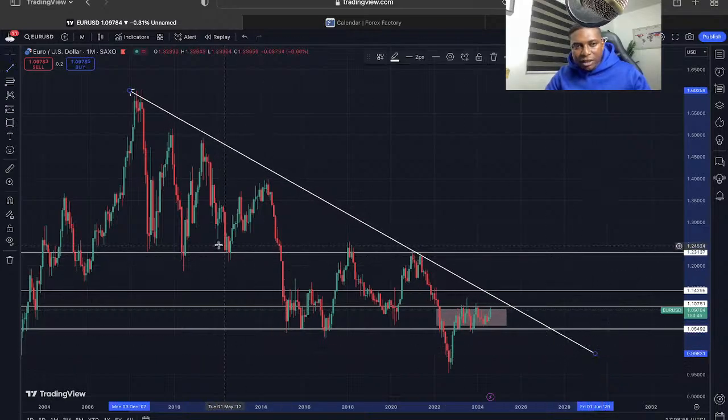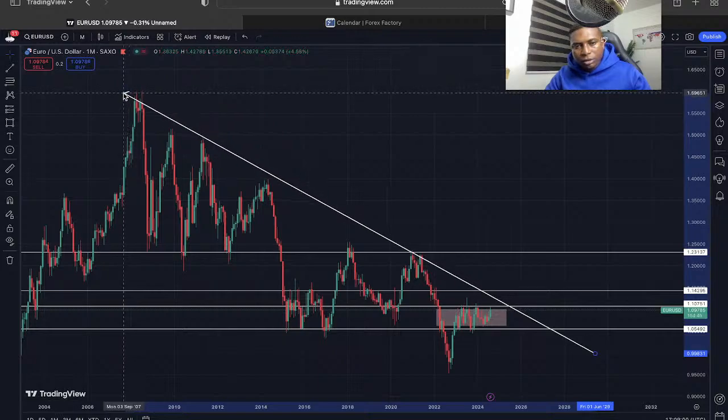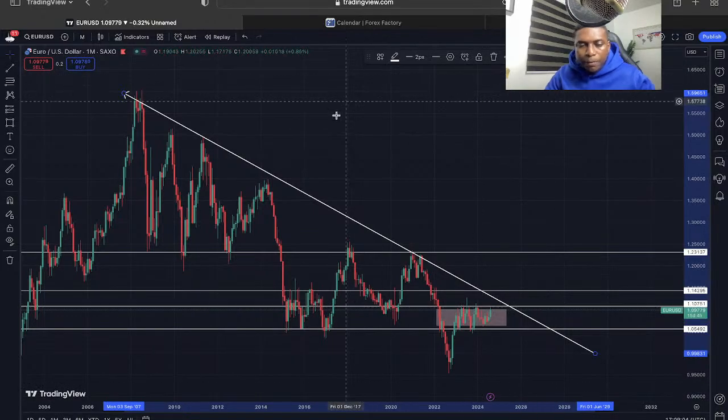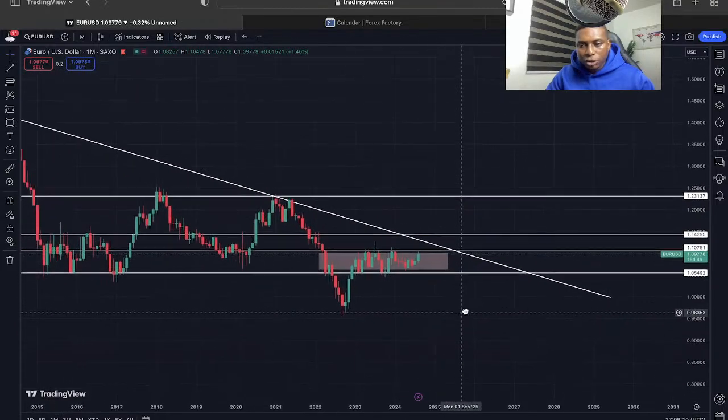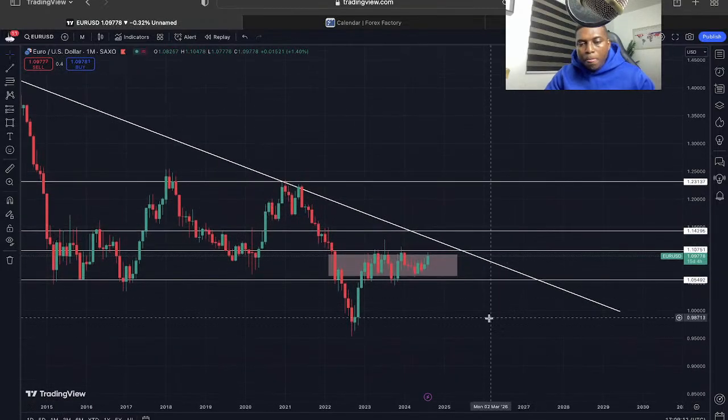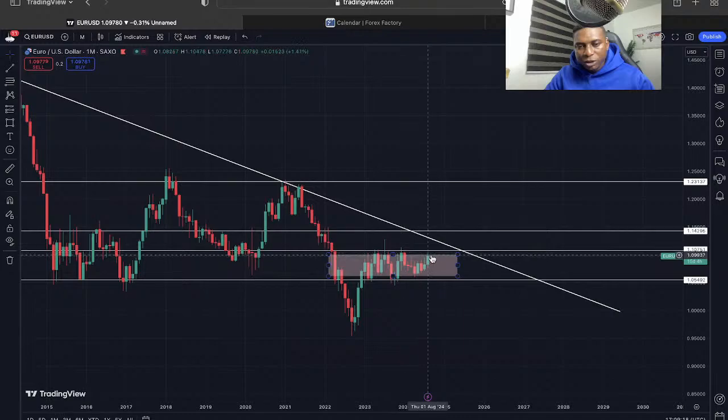That has been giving a lot of drop in price. So there are two things that can happen here that might change the entire market direction for EUR/USD, and that is EUR/USD experiencing a breakout from this zone.